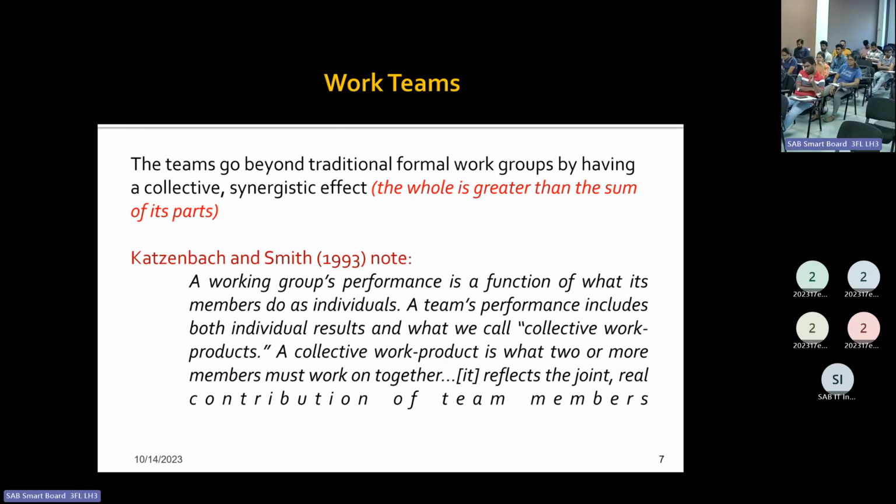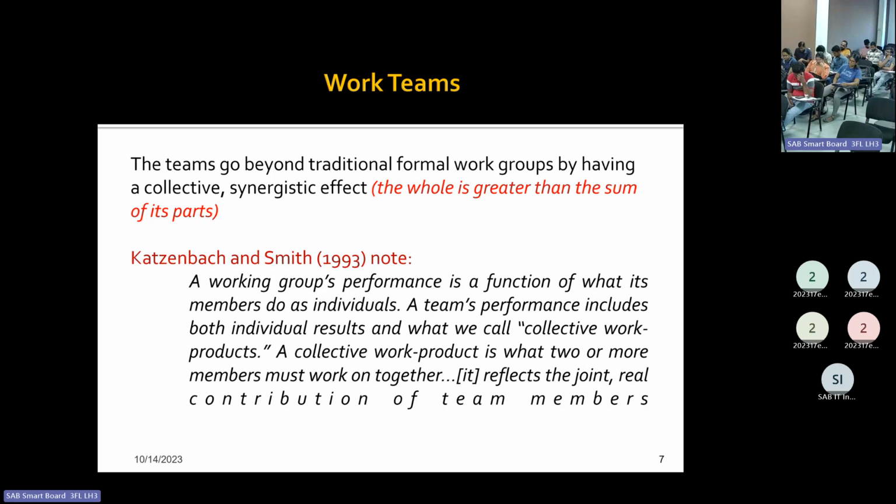Then these two scholars, researchers, Katzenbach and Smith, are popular in the team research area. They have provided this definition of teams, compared with the explanations given for groups. Both should be considered together, not only one at a time.